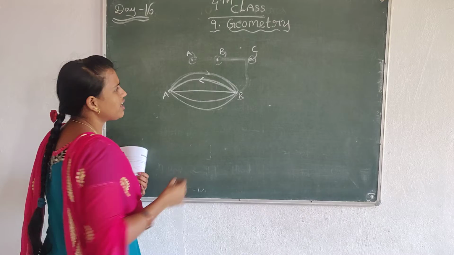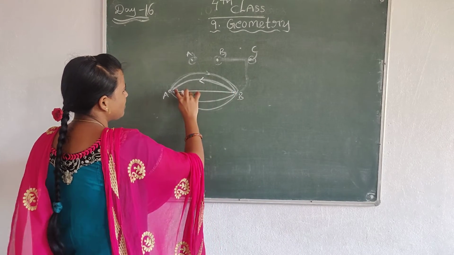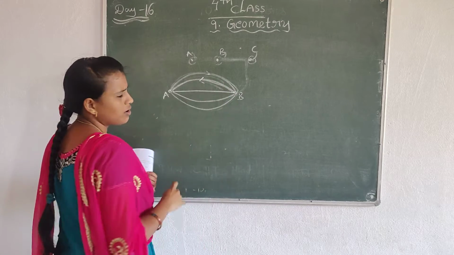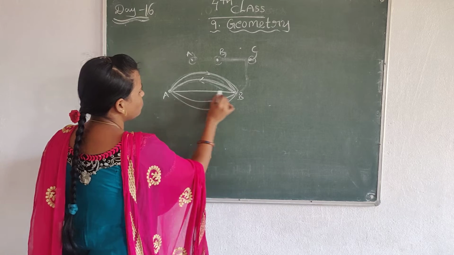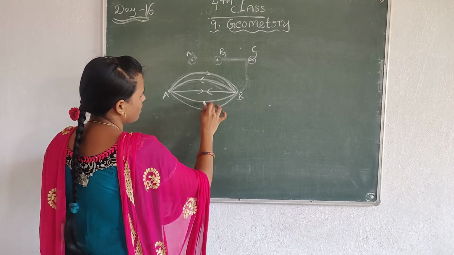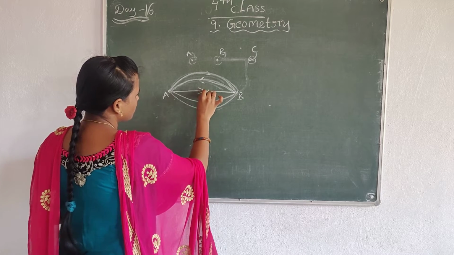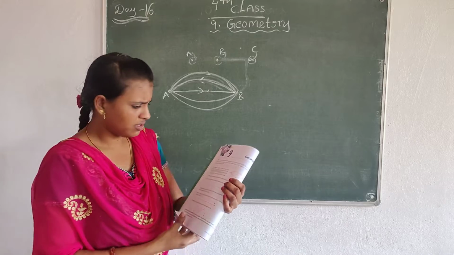This is a straight and short way. This measurement is much less than these measurements. The short way is the straight way, A to B or B to A. So the shortest way from A to B is a straight line.